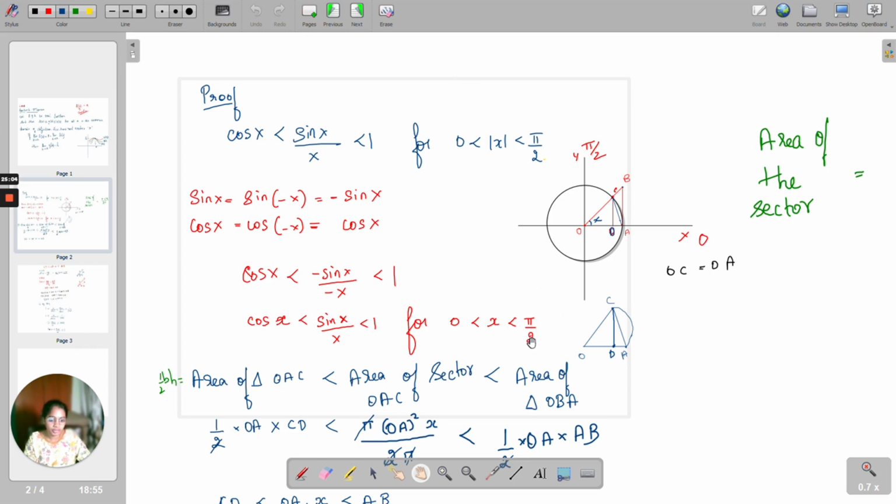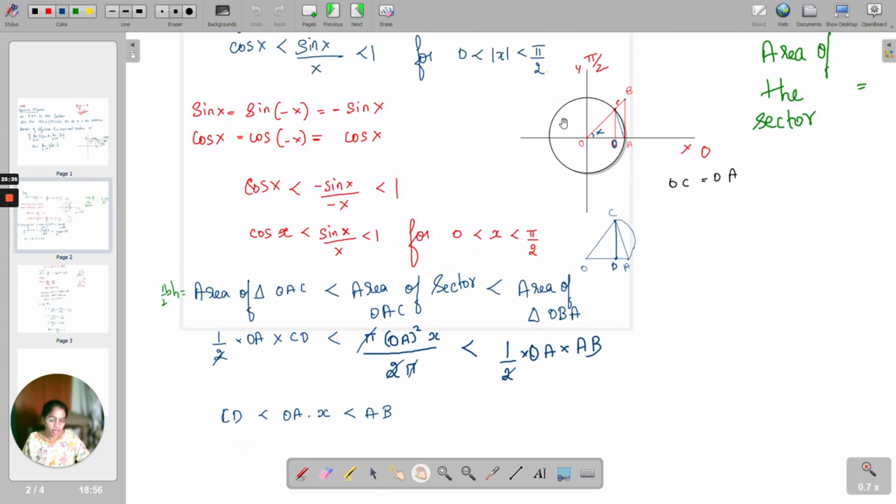And where does this inequality lie? This is basically the first quadrant. In that first quadrant, I took a point C. I joined it with O, from the origin. Then I took a tangent from A, and then I drew two perpendicular lines that are perpendicular to the x-axis.